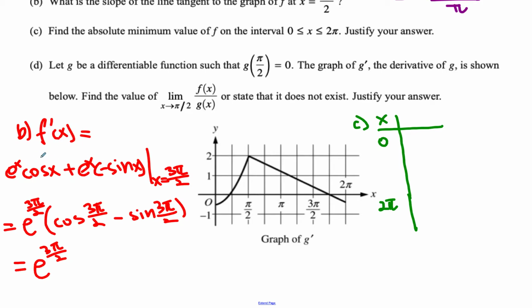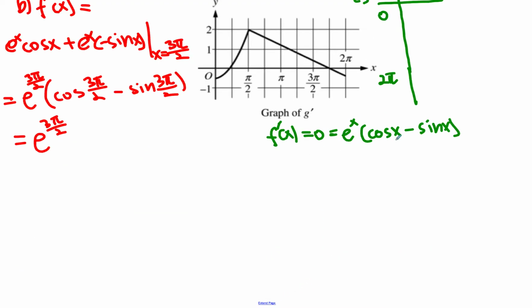We have done that last time here, so we get f prime of x has to be equal to 0. That means when I factor out e to the x, then we are left with cosine of x minus sine of x. Of course, e to the x could never be equal to 0. Then cosine x minus sine x could be equal to 0, so I'm going to write that down.